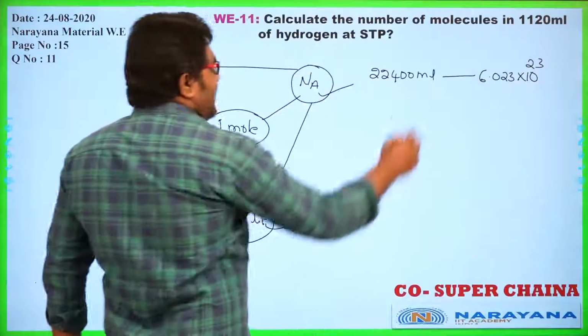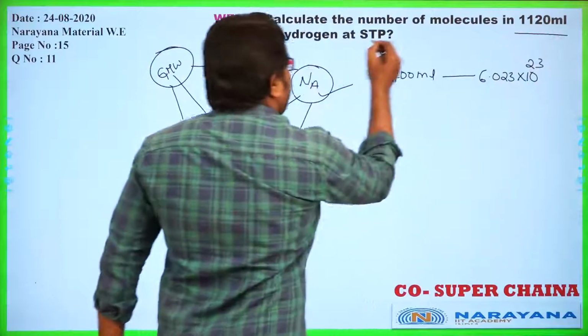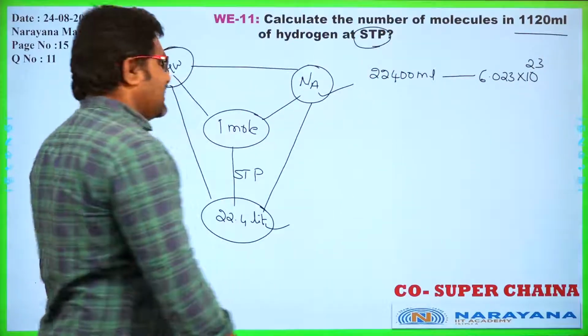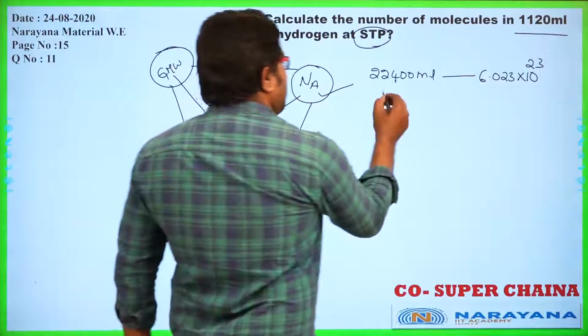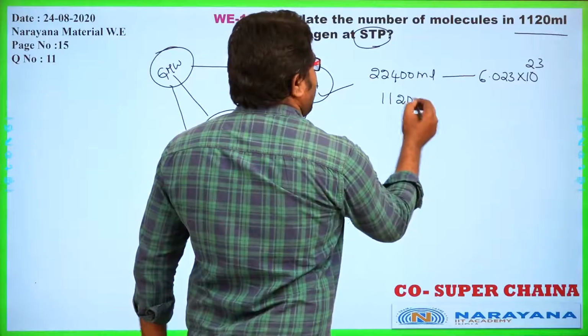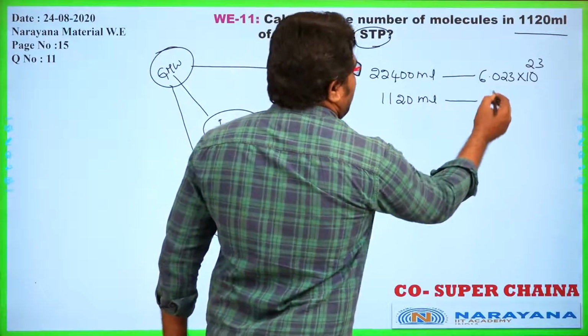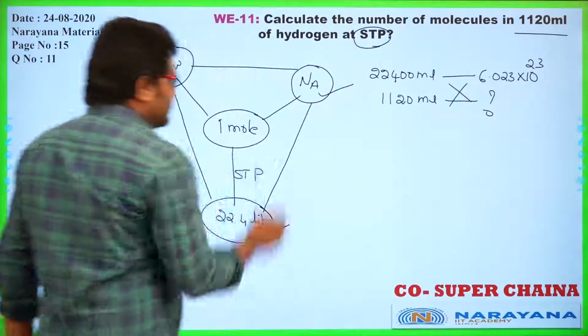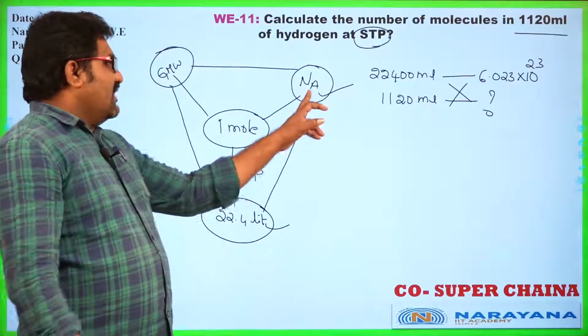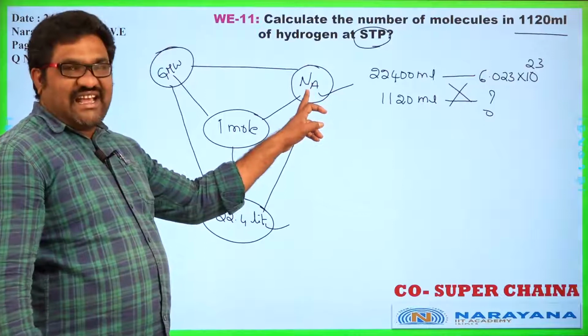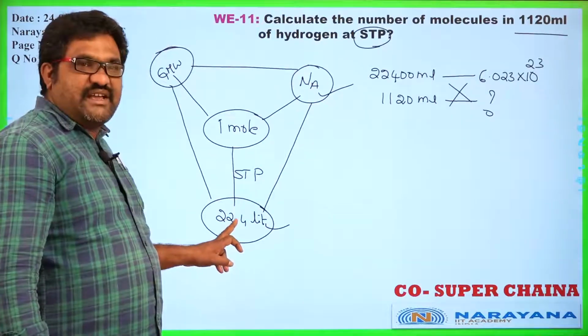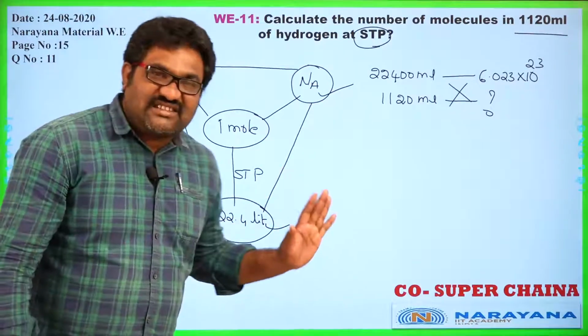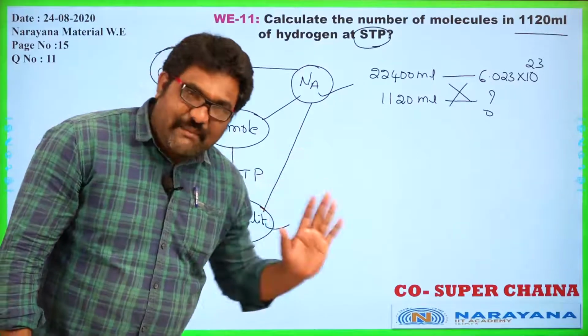Okay. Now he has how much volume at STP? STP condition only we can consider here. 1120 ml contains how many molecules? So based on this diagram, if Avogadro number of molecules are there at STP condition, the volume should be equal to 22.4 liters or 22,400 ml.